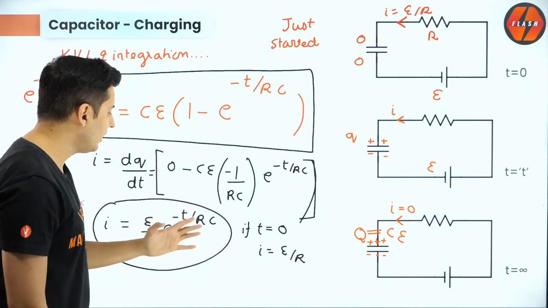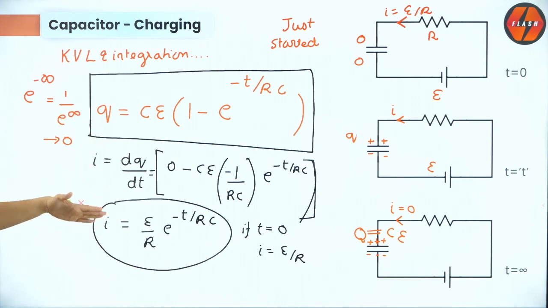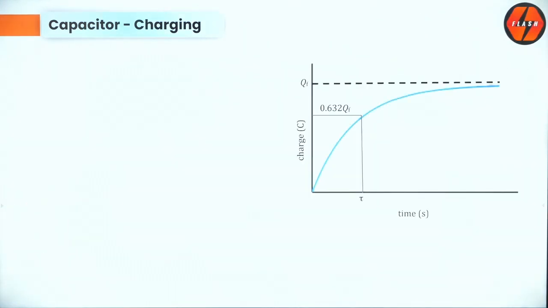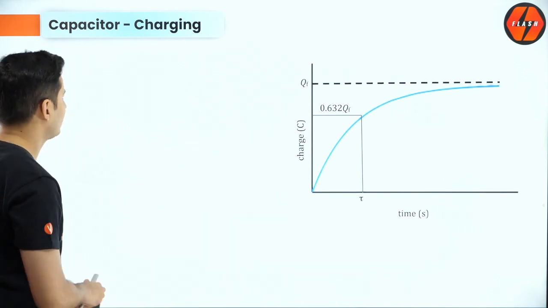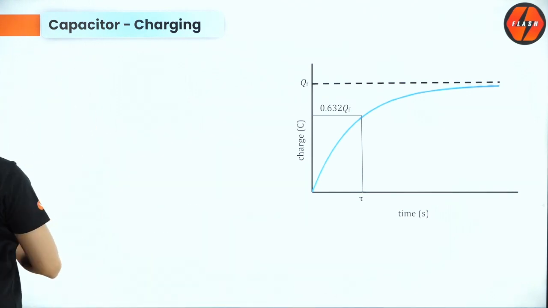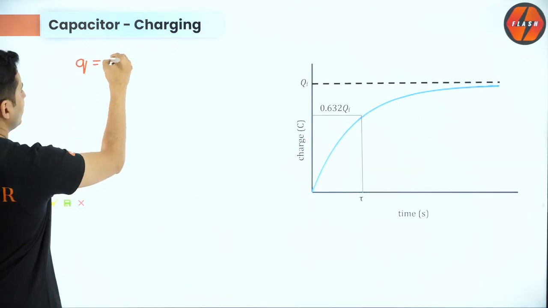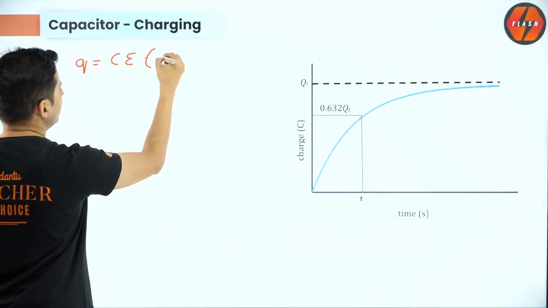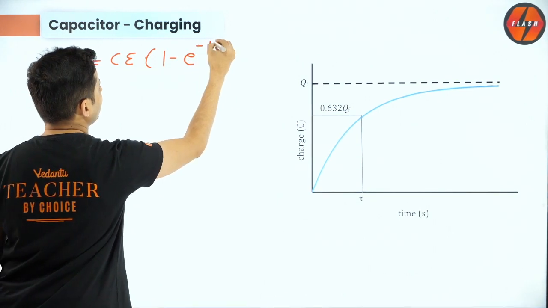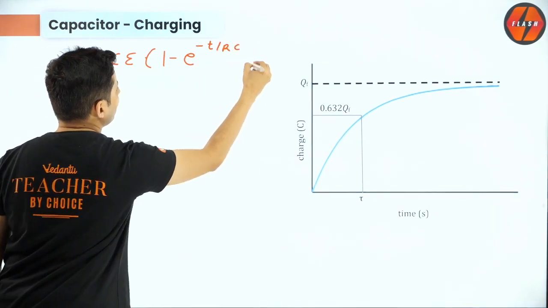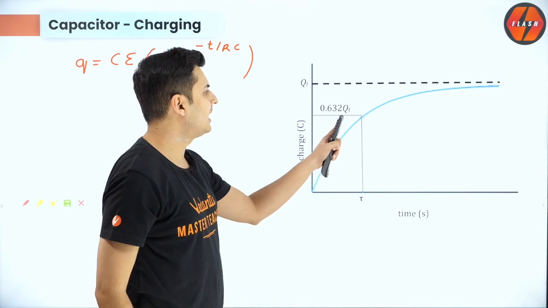Now I'll show you the graph. I've showed you how to manipulate this equation to get current. Now the graph of this function comes out to be like this. Which function? This function: Q is equal to CE into 1 minus e to the power minus t by RC. If you plot the graph, it comes out to be like this.